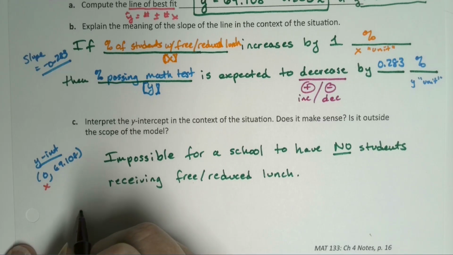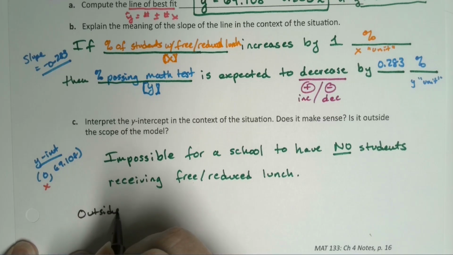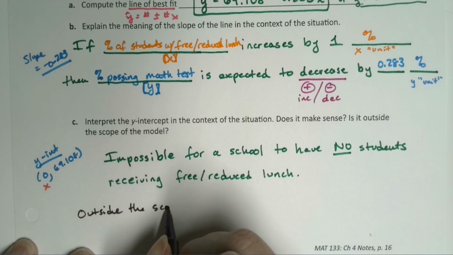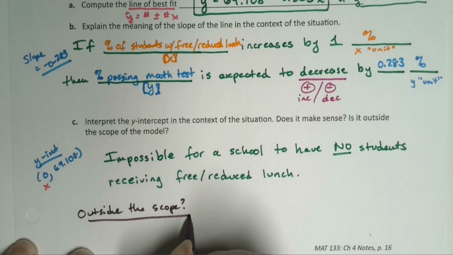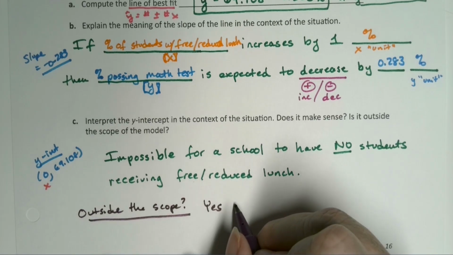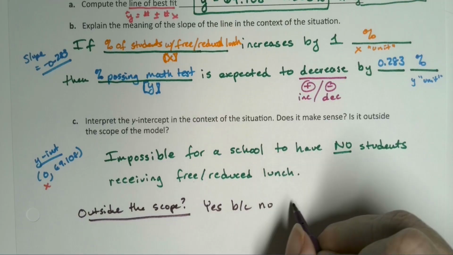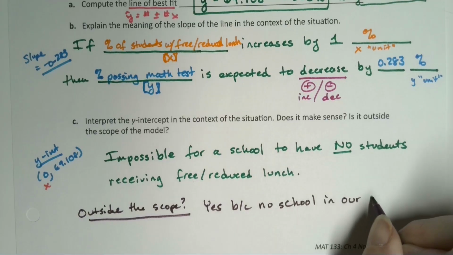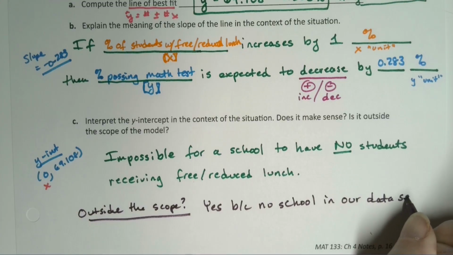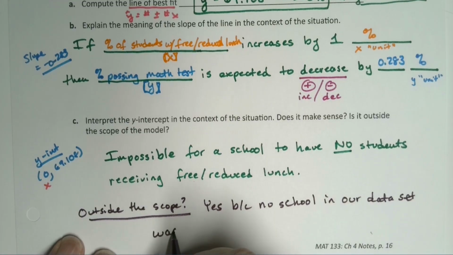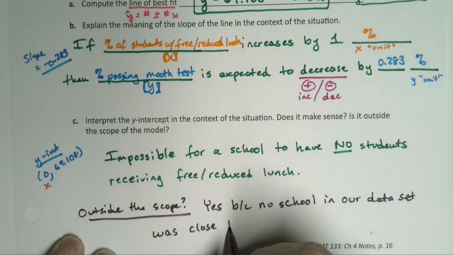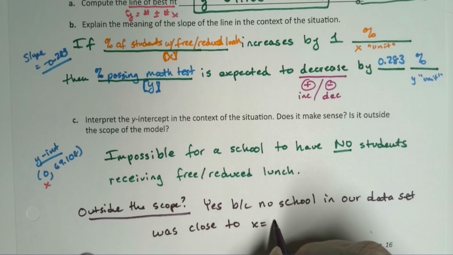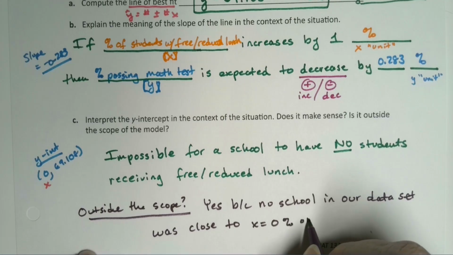And now for the second part, for outside the scope. We would say yes, because no school in our data set was close to, well, x equals 0, 0% on free reduced lunch, right?